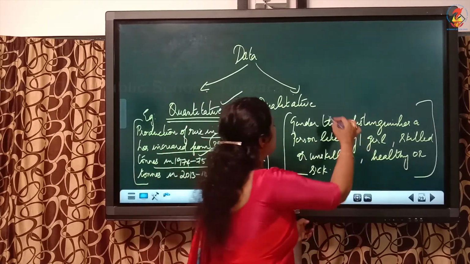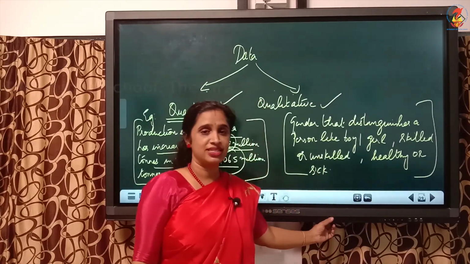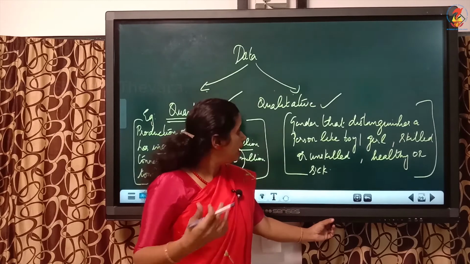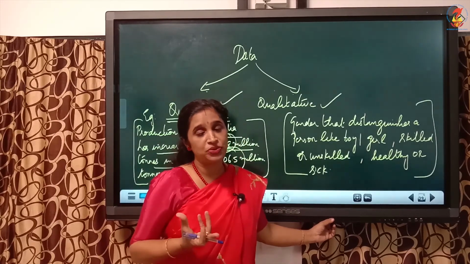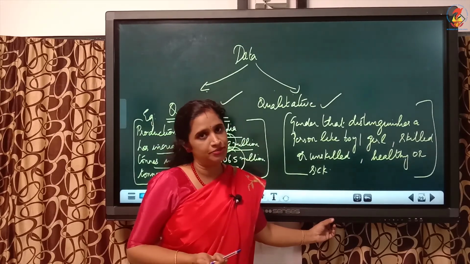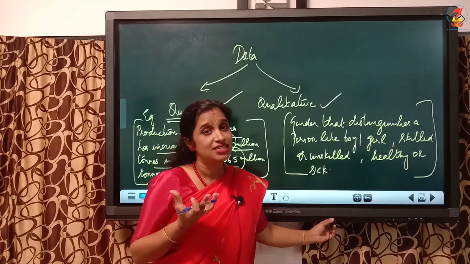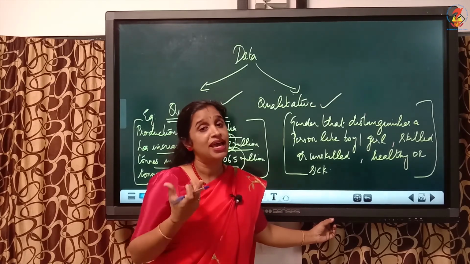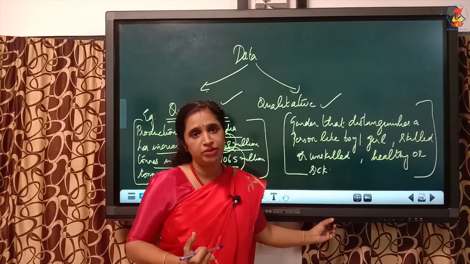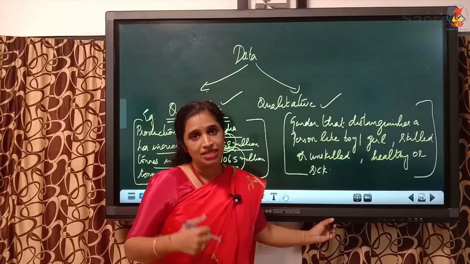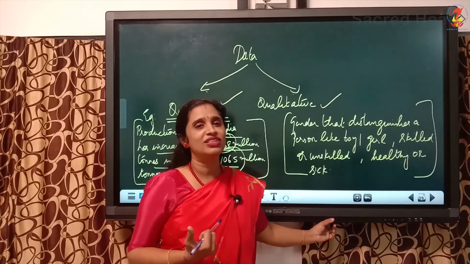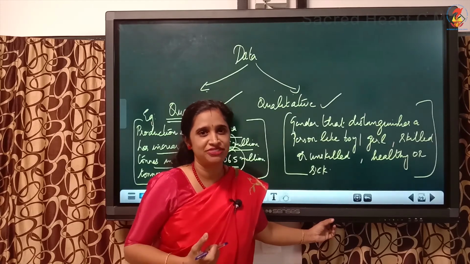Now next is qualitative data. What is qualitative data? The gender that distinguishes between a boy and a girl, that is qualitative data. Married, single, male, female, healthy, sick, skilled, unskilled, all these are examples of qualitative data.